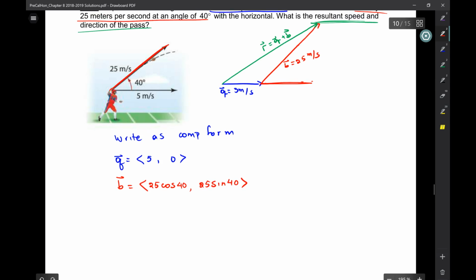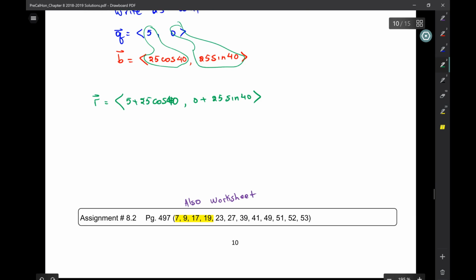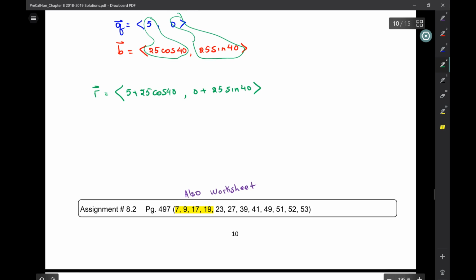If it's got an angle that's not horizontal or vertical, you have to write it as V cosine theta, V sine theta. Now R: we add these. 5 plus 25 cosine 40, and then 0 plus 25 sine 40. Okay, time's up, so I think I'm going to pick up from here.